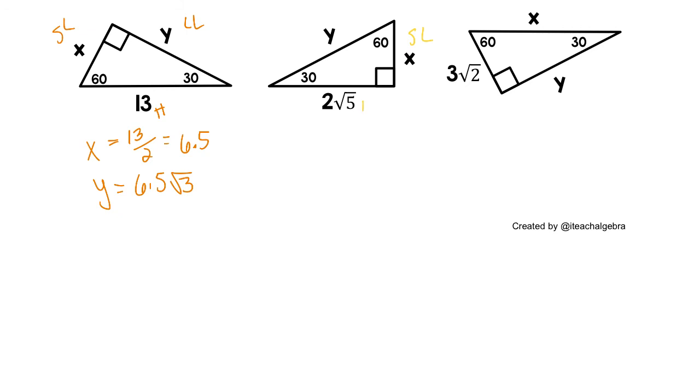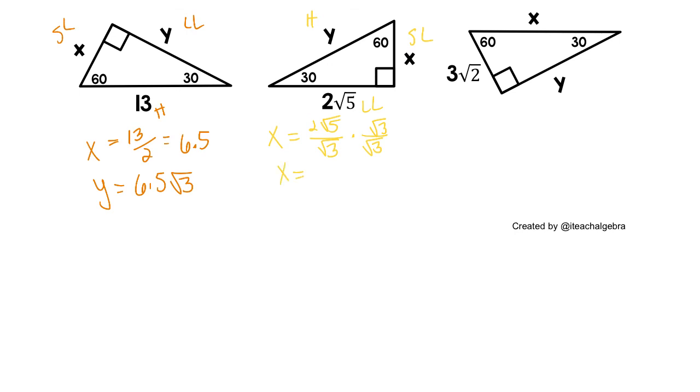Again, short leg, long leg, hypotenuse. I've got the long leg and I want the hypotenuse and the short leg. So to get the short leg first, I'm going to take the long leg and divide by the square root of 3. We hate that square root on the bottom, so we're going to multiply the top and the bottom by the bottom radical.